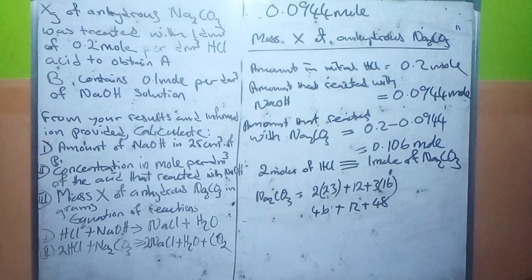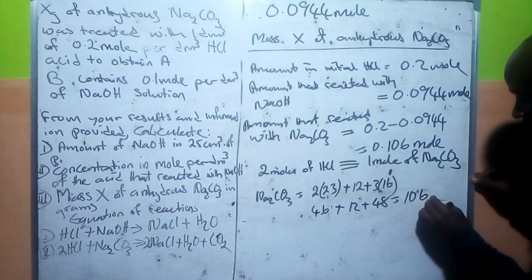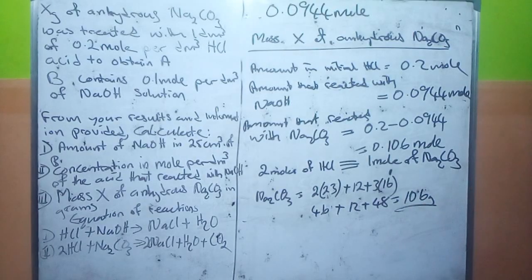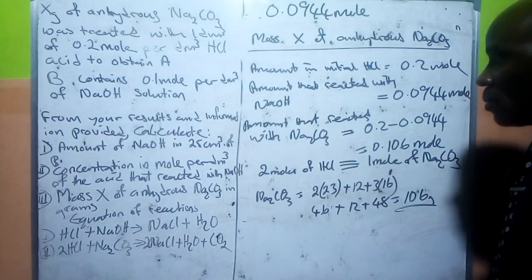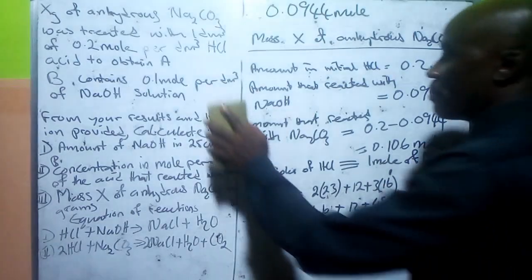Yes. So when we add everything together, we have 106 grams. Let's go by that. This is the main thing we are going to be using in this case now. Let's go back to business. I think we are going to finish it up from here.